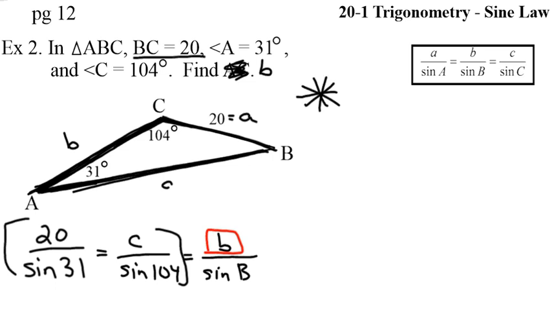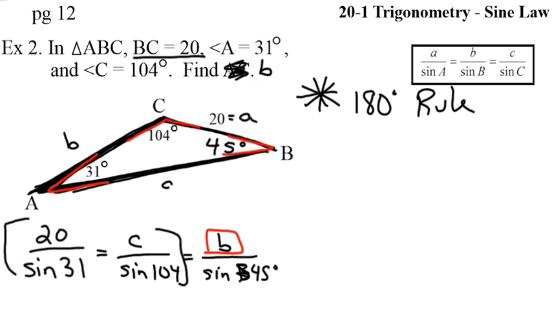Every time you're looking at a triangle question, think of the 180 rule. As soon as two angles get given in a question, we know the third angle. All three angles have to total 180. So if we have a 104, a 31, B has to be a 45-degree angle. So I do know that that's 45 degrees.